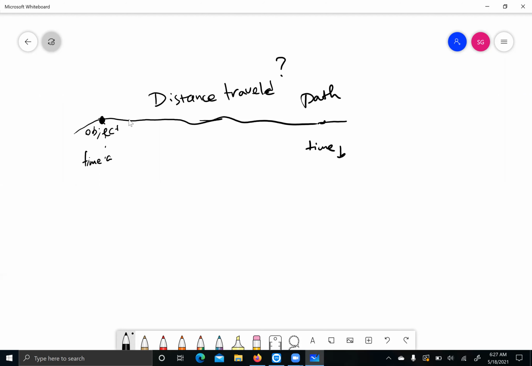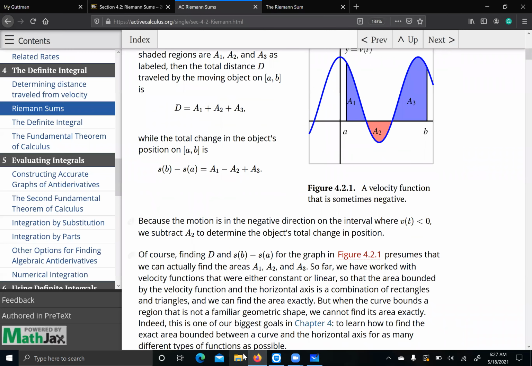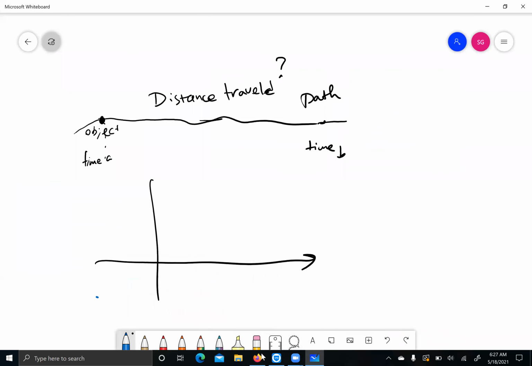Suppose you have the velocity graph, something like this. This is the velocity of this movement.